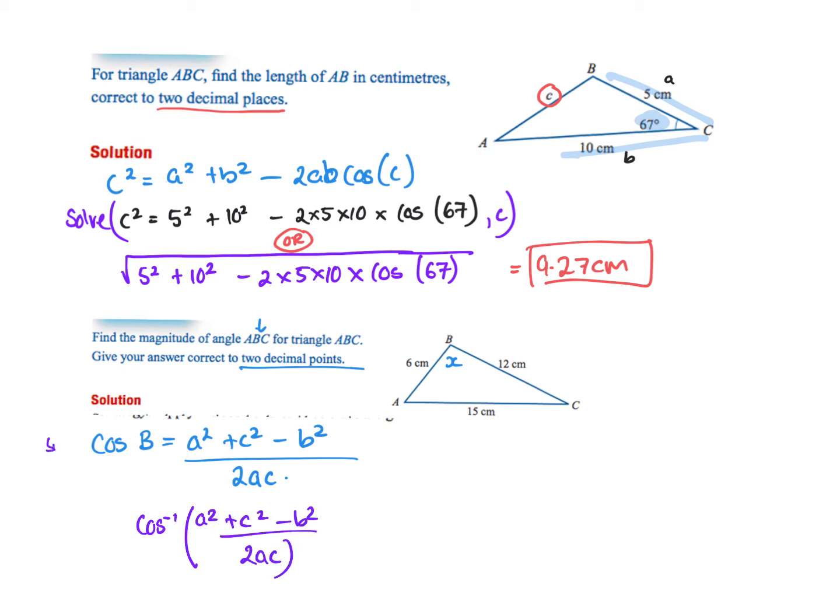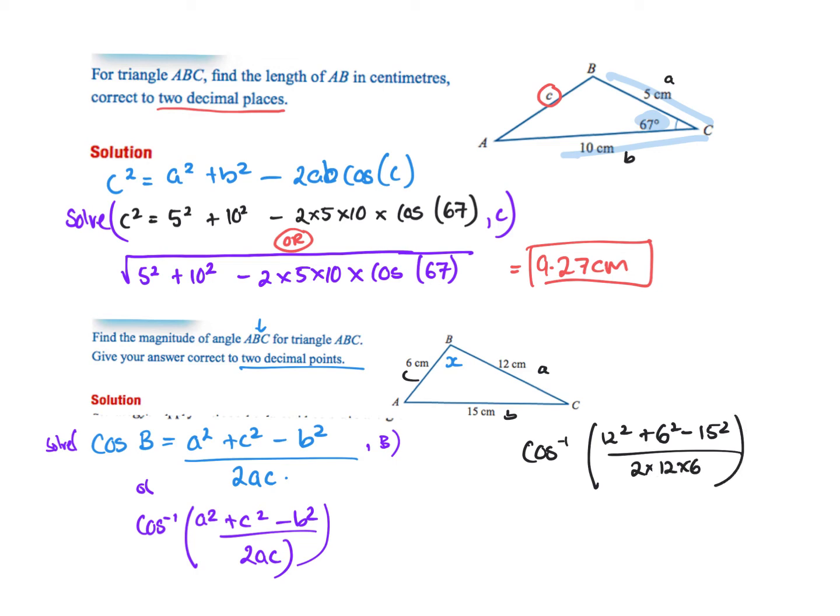You can do solve if you like at this point, comma capital B, or you can go straight to this. So I'm going to use the straight way, and when I find the answer, it's going to be inverse cos of a squared, that's a, b, c, so it's 12 squared plus 6 squared minus 15 squared over 2 times 12 times 6. I'm just going to write it that way so you know the formula.